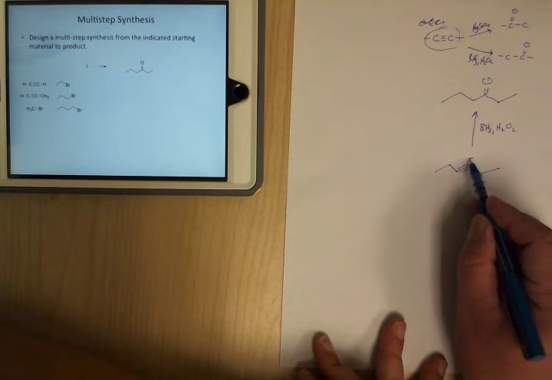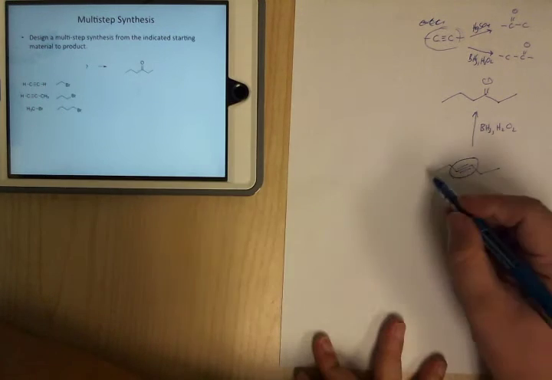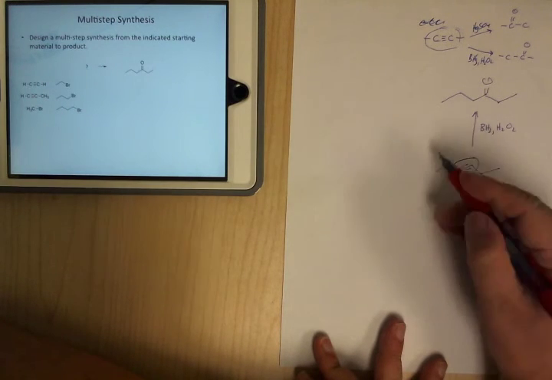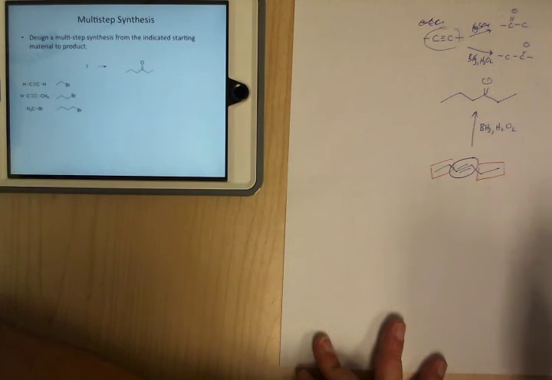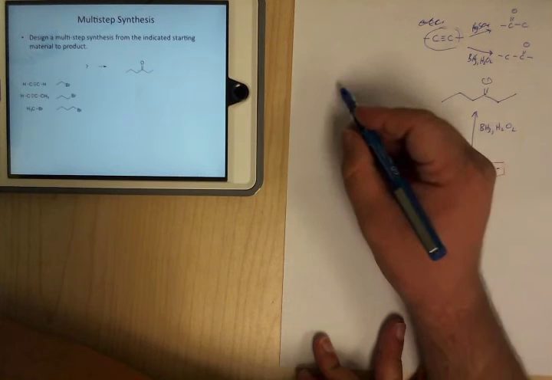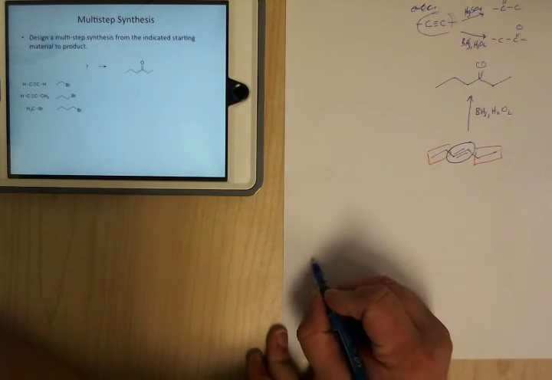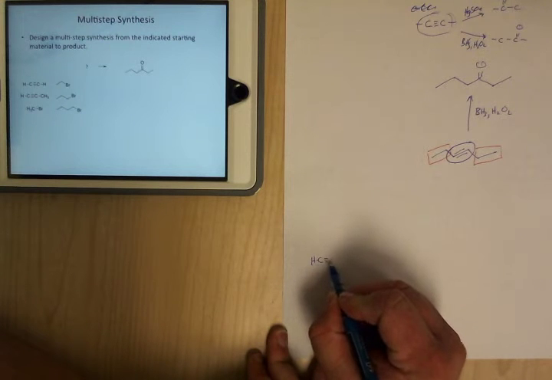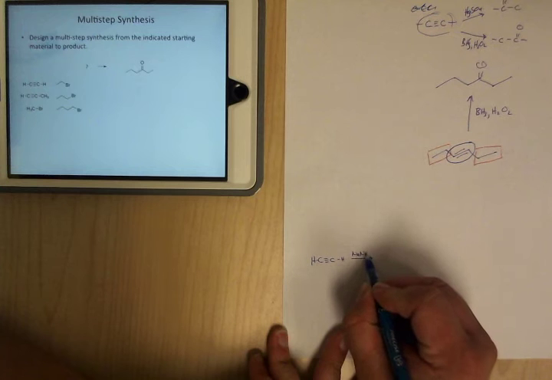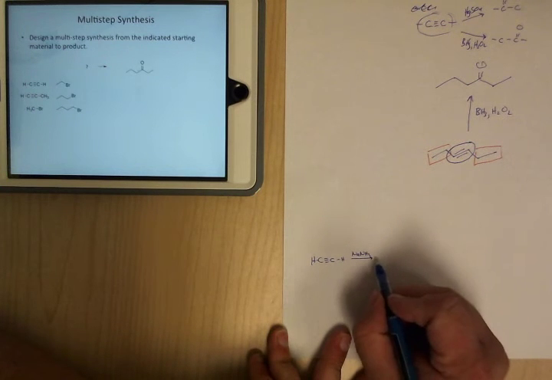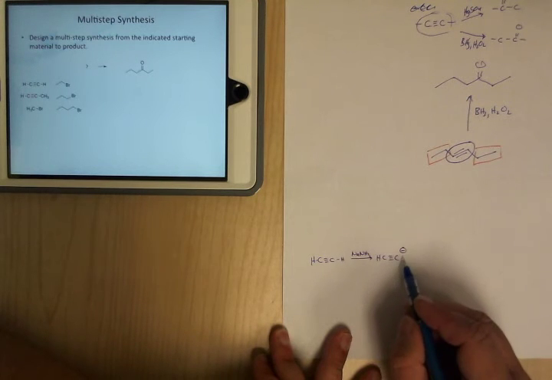Okay, and so here is acetylene, right? So there's that acetylene, and so really all we need to do is add an ethyl group on either side. Okay, so like that. So what we really need to do is start with something like, I'm going to start down here. Start with acetylene. Okay, and add sodium amide, to make the carbanion, right?